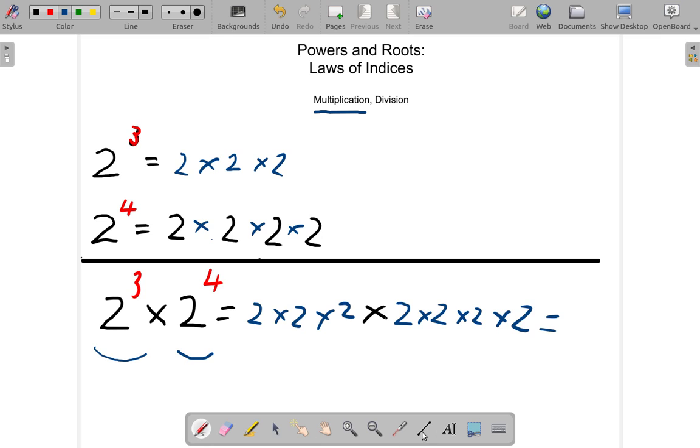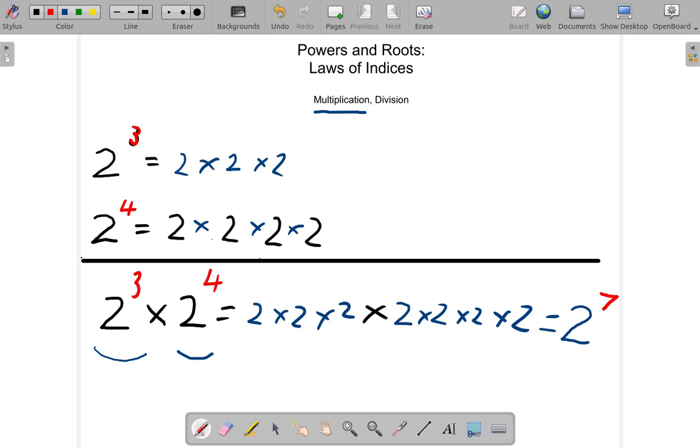Remember, up here, when you have 3 2's multiply each other, you have 2 to the power of 3. When you have 4 2's multiply each other, you have 2 to the power of 4. So when you have 7 2's multiply each other, it would be 2 to the power of 7. Right. If you said 2 to the power of 7, you would be right.